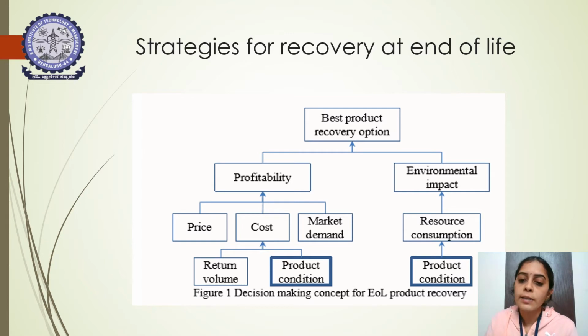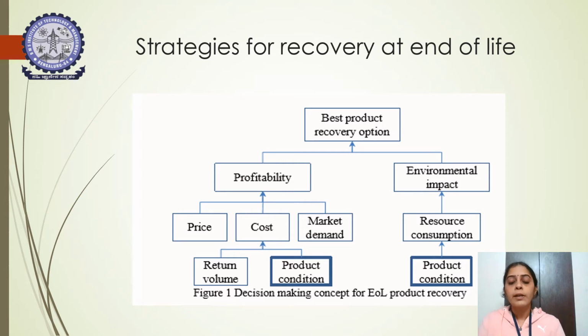And whether the materials and resources you are using affect the environment or not will be taken care of. If the product is very good and has good profitability, but the material being used is not eco-friendly and is toxic to human beings, animals and the environment, where we cannot go with the go green policy, then it is also difficult to extend the product at its end of life.